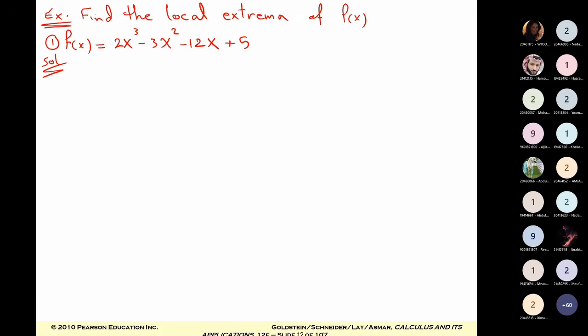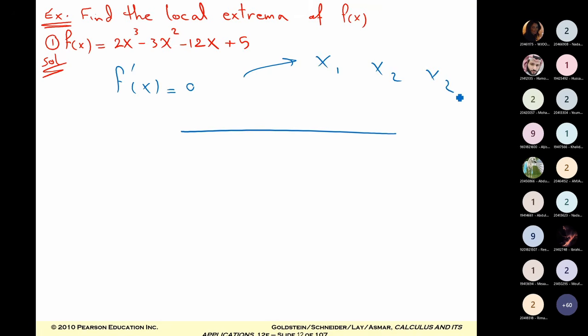The first step, we need to find the stationary point. So f prime of x equals 0. Find, for example, x1, x2, x3. Put the stationary points here. After that, find the sign of f prime.